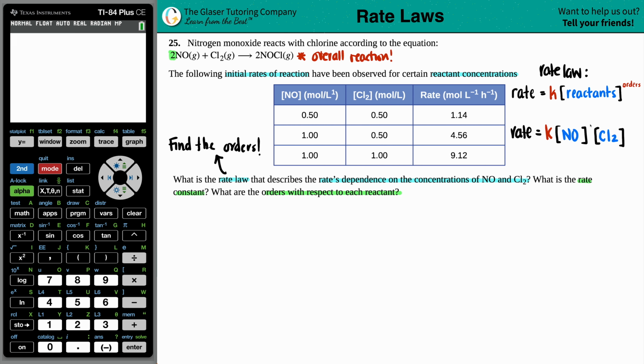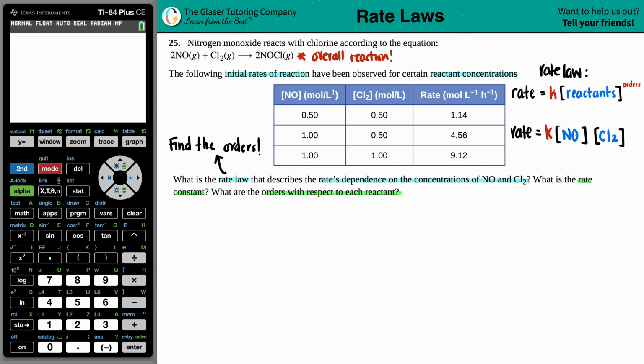And we can't assume that since there's only one Cl2, it is going to be raised to the first. That's why when I write my generalized rate law, I don't just put in the coefficients, because they can give you data that does not go with the coefficients. So make a note here that whenever they give you a chart, we have to find those orders.